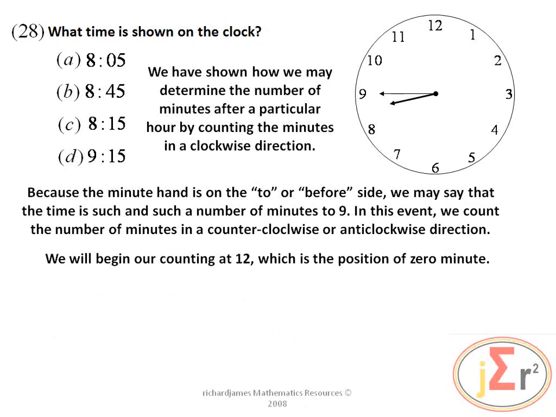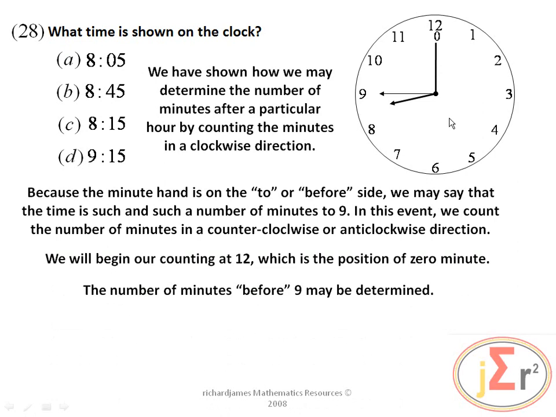We will begin our counting at 12, which is the position of 0 minutes. So we are right there. The number of minutes before 9 may be determined. So we start right there and we go in this direction to get to 9.